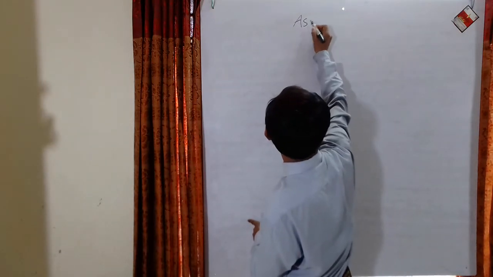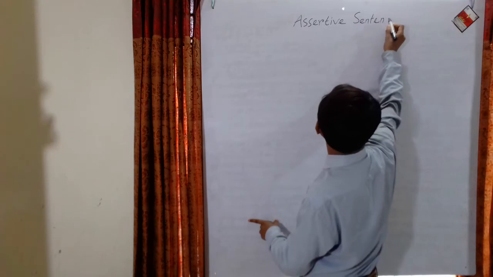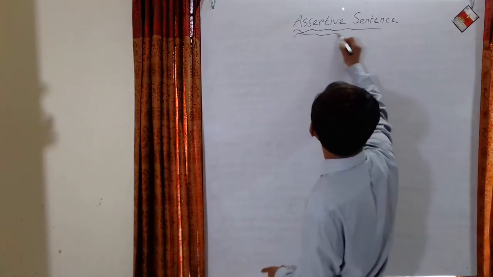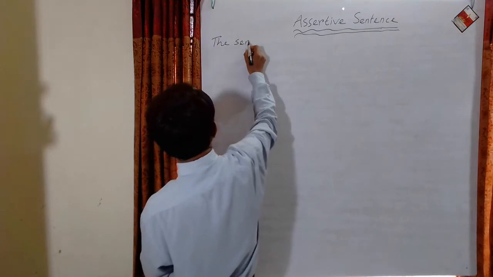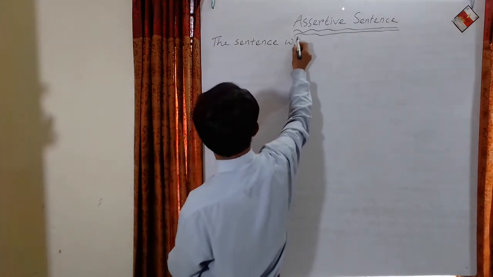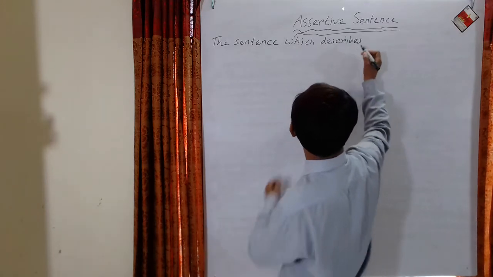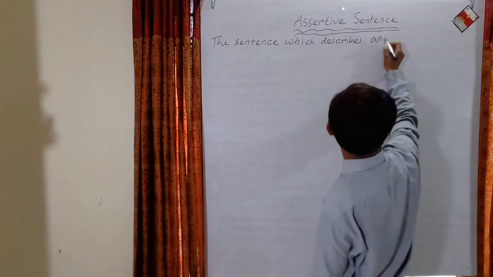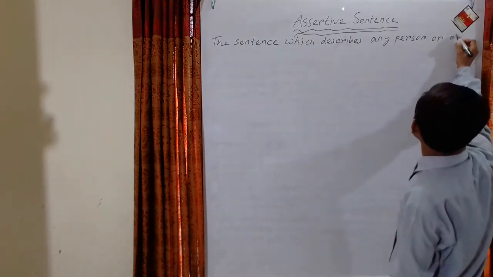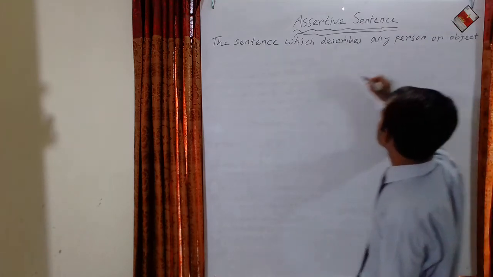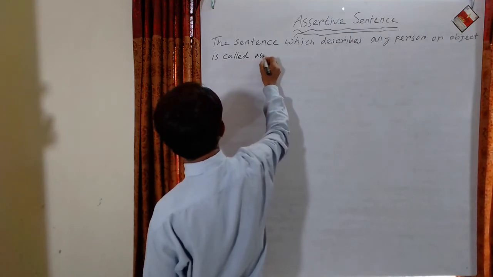Assertive sentence. The sentence which describes any person or object is called assertive sentence.